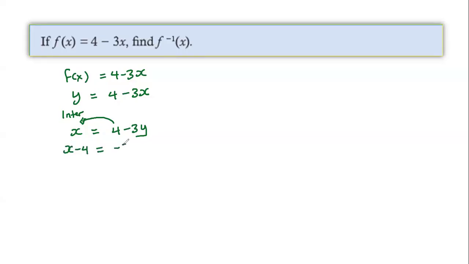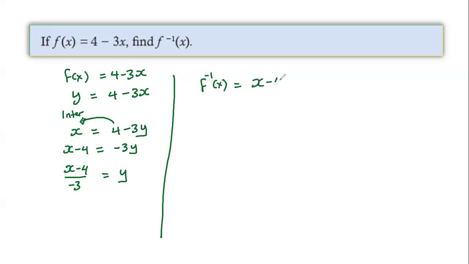x minus 4 equals negative 3y. Then I divided both sides by negative 3 to make y the subject. Then I replaced y with f inverse of x equals x minus 4 divided by negative 3.